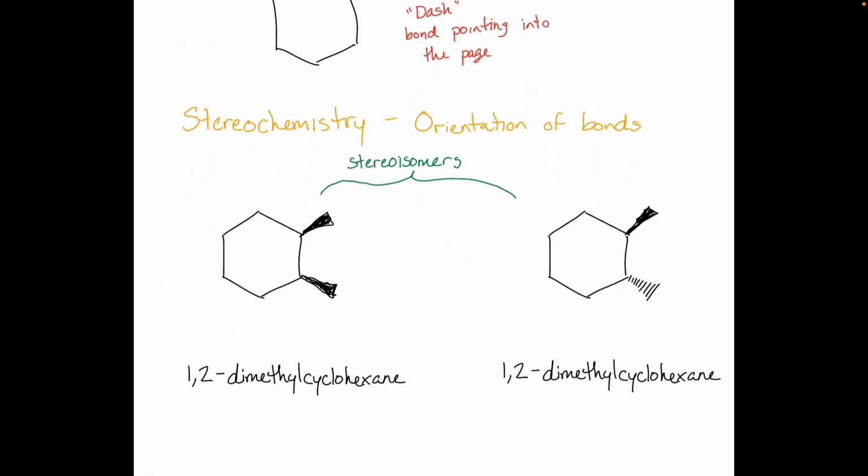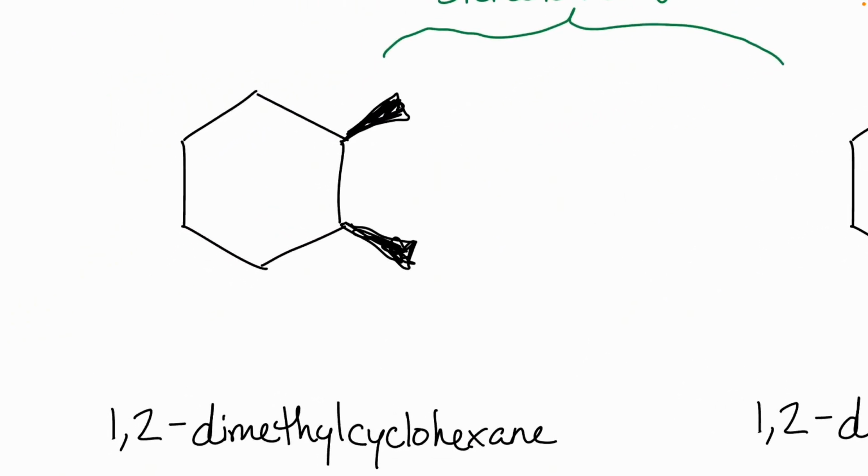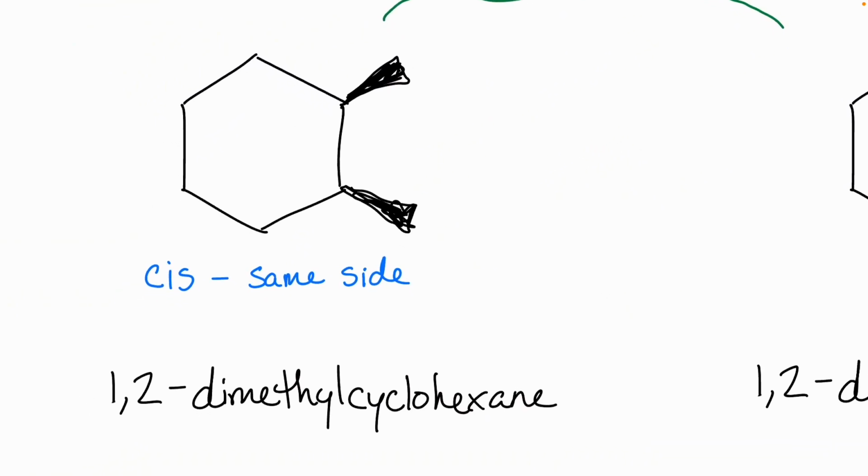Importantly, this one, where the methyl groups are located on the same side, is what we call the cis isomer. So this particular one would be cis-1,2-dimethylcyclohexane.